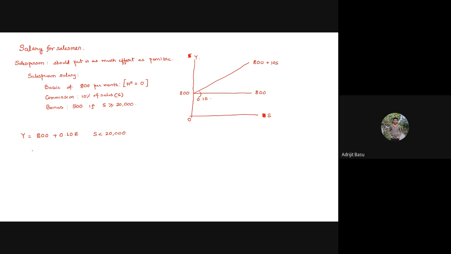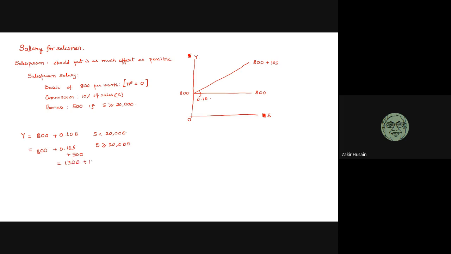But if you reach or cross 20,000, what happens? You're going to get the bonus of 500, so 800 plus 500 makes it 1300, plus 0.1 S.